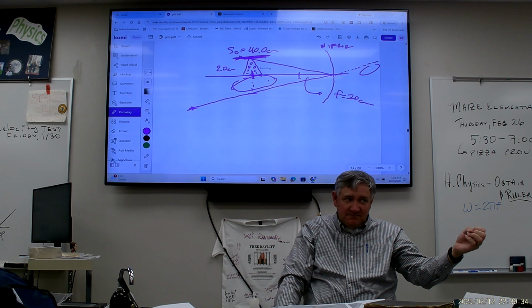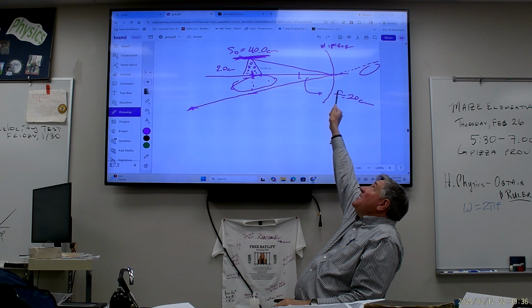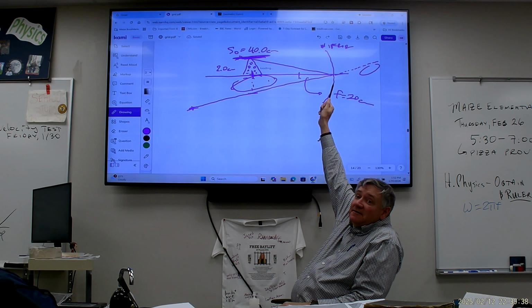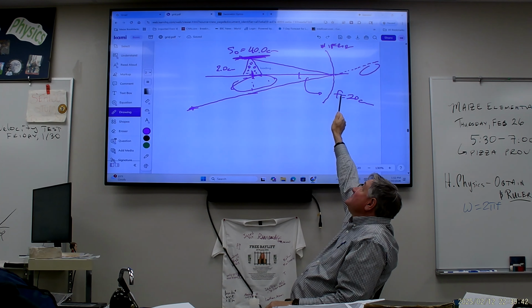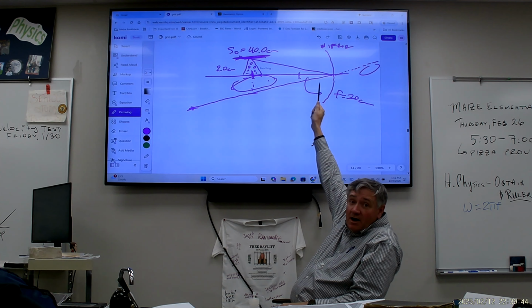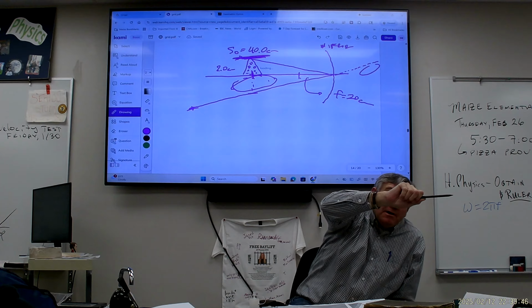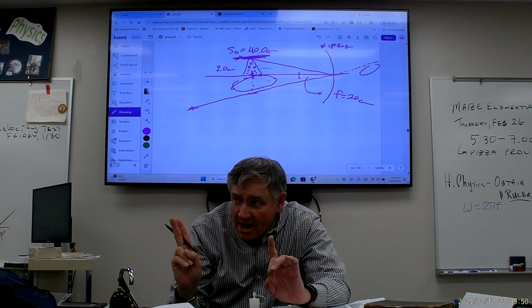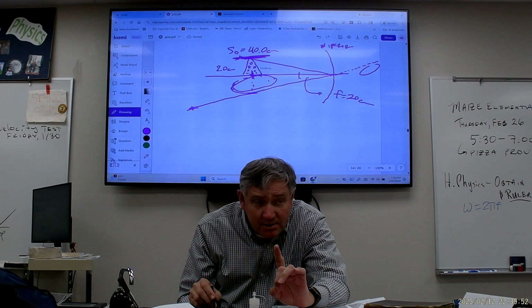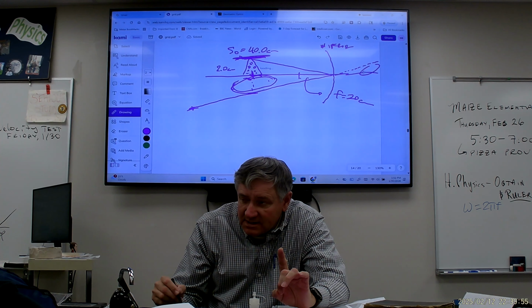Inverted. It's going to be inverted. But if it's on the other side, it's going to be upright. Okay? Because you're going to see the top of that pizza on the other side. It's not there, but it's going to appear there. So, when you have mirrors, it's either here or it's on the other side.